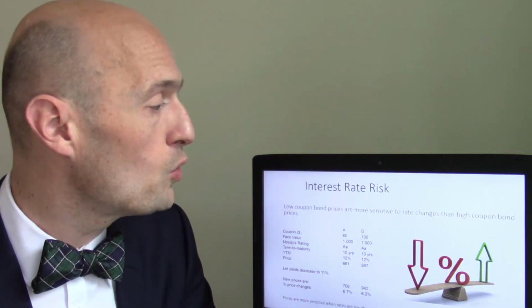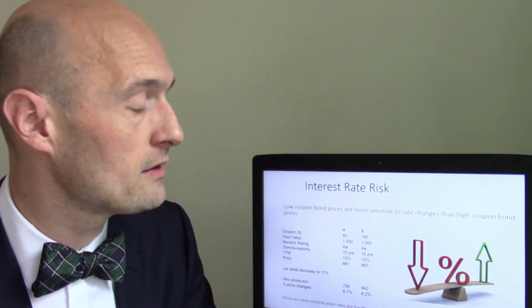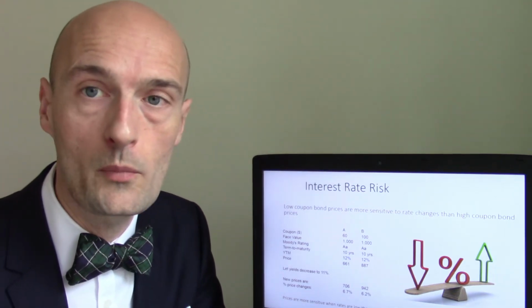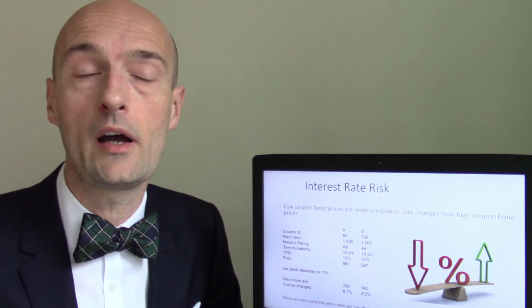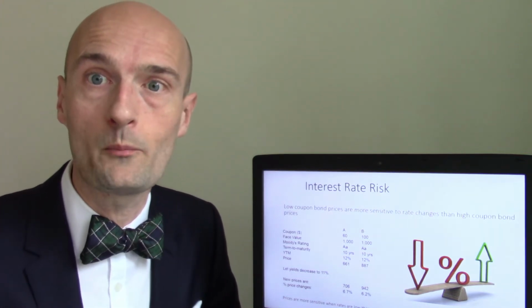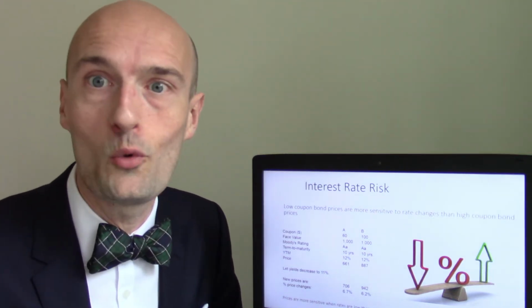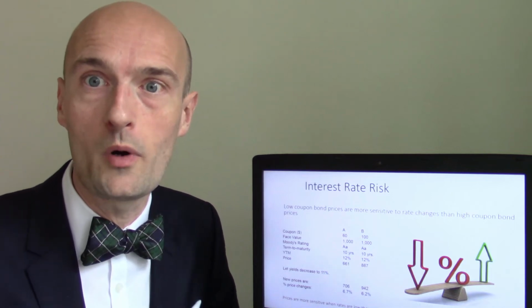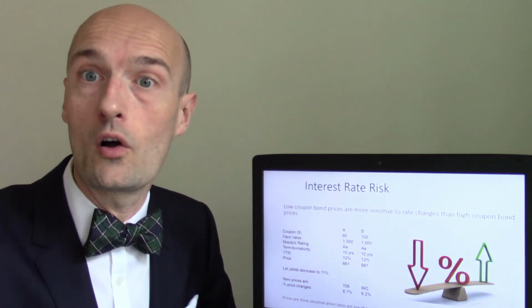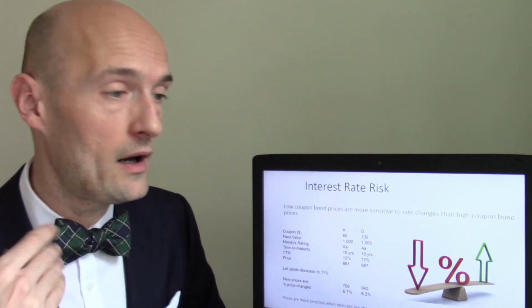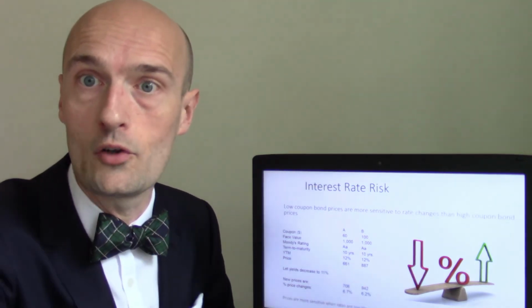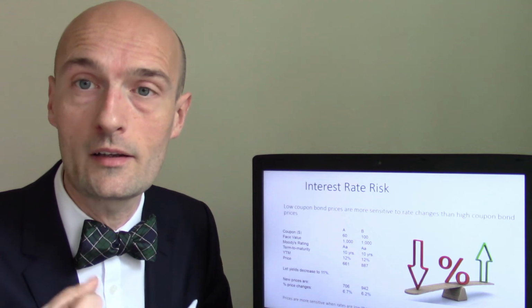Low coupon bonds are more sensitive to rate changes than high coupon bonds. That should make sense if we think about it, because the lowest coupon bond is a zero coupon bond, where you get all of the money back at expiration, while with a higher coupon bond, you get coupons all along and then finally the principal amount.